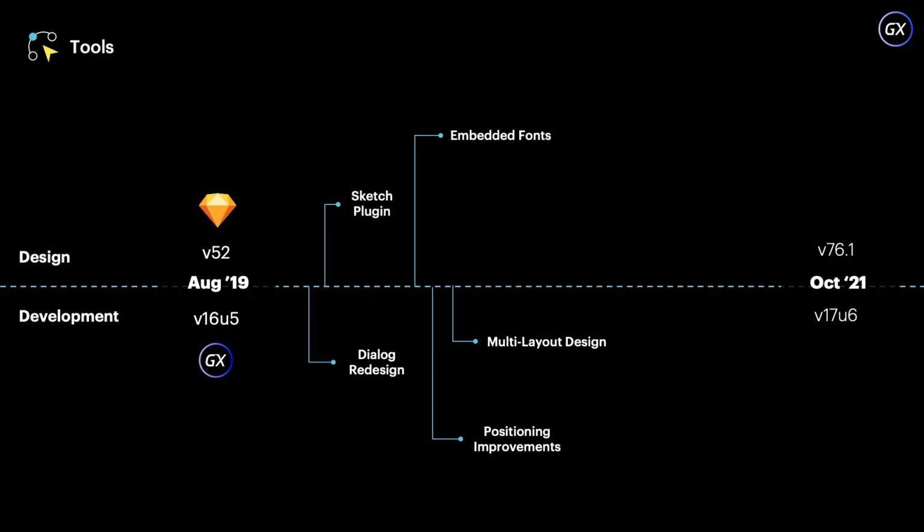And GeneXus is now capable of interpreting that as if it were a single object with multiple layouts. Sketch also added color variable as a way to respect the same color scheme throughout the application, and GeneXus incorporated that as part of the color palette. We also added support for various complex controls such as the application bar, the navigation tab, and so on.